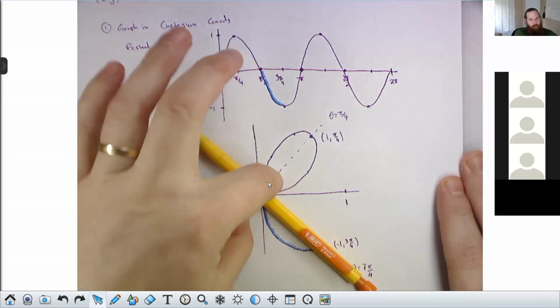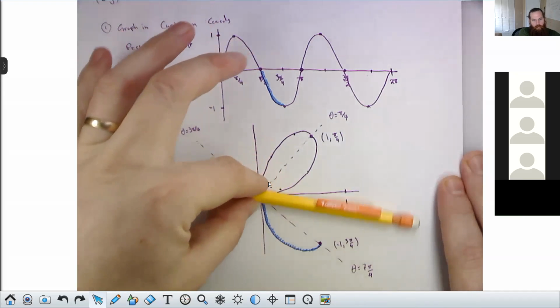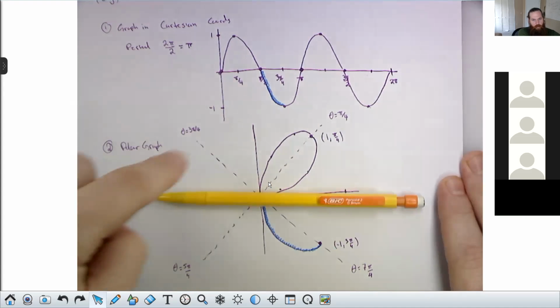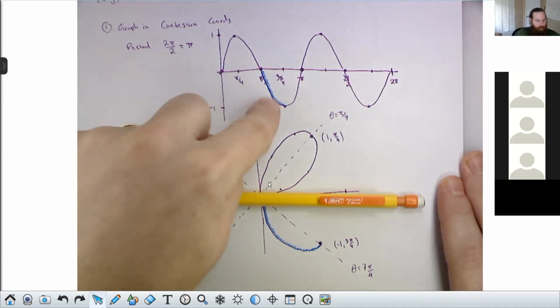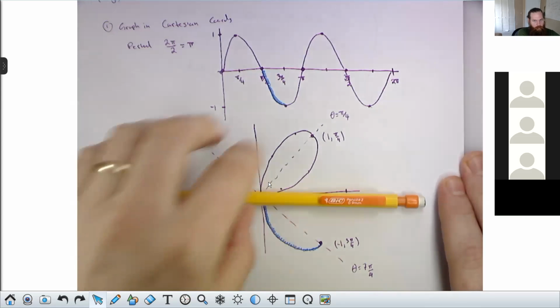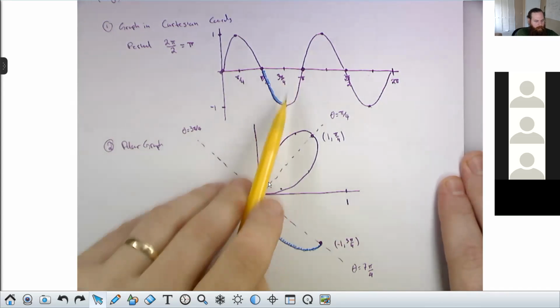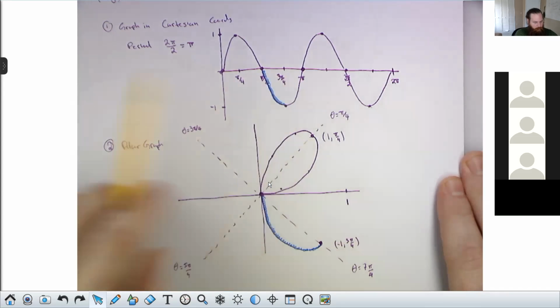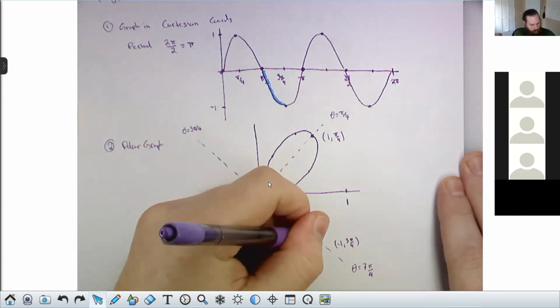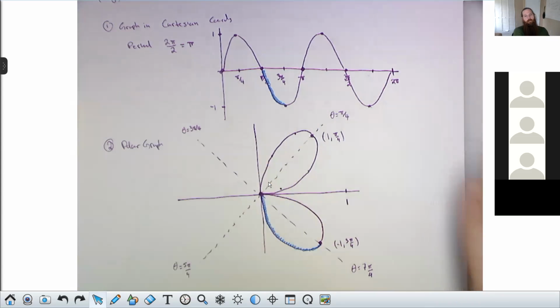Now, as I rotate past 3 pi over 4 towards pi, I would expect to be drawing over here, but from 3 pi over 4 to pi, r is still negative, so I'm still drawing in this region. And the same sort of thing is happening. As I go from 3 pi over 4 to pi, r is tucking back into 0. So I end up drawing something that looks like this.